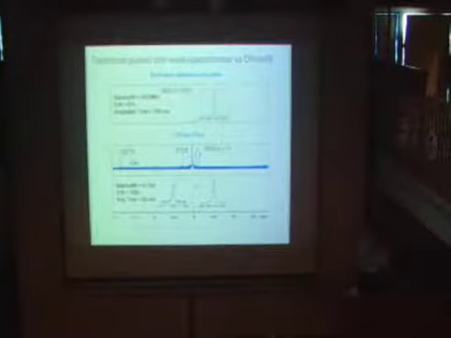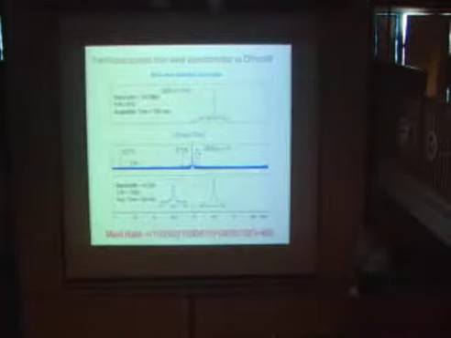The more bandwidth gives us a lot of other information, like this isotope shift. This peak comes from the hot vibration band. To evaluate the improvement in performance, we consider the bandwidth, signal to noise, and acquisition time. We find that the total improvement is about 400. That is a big improvement.